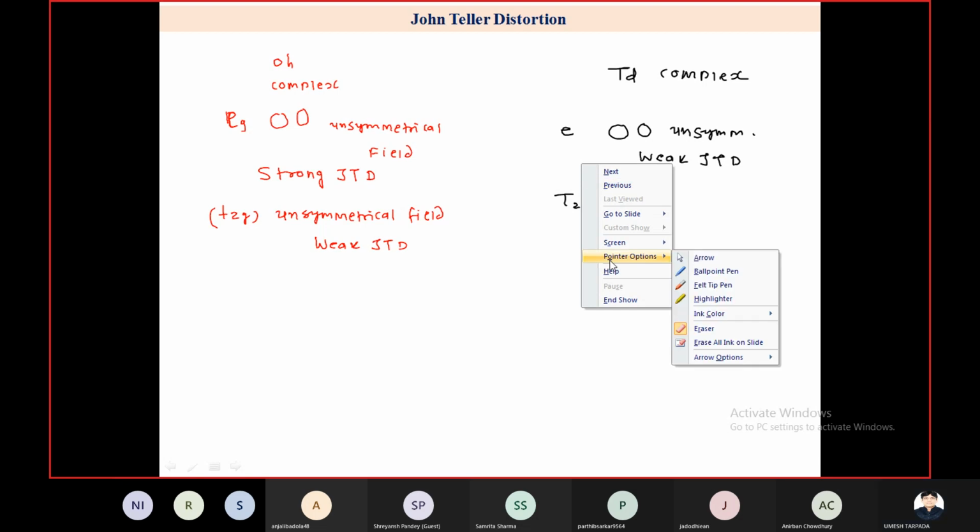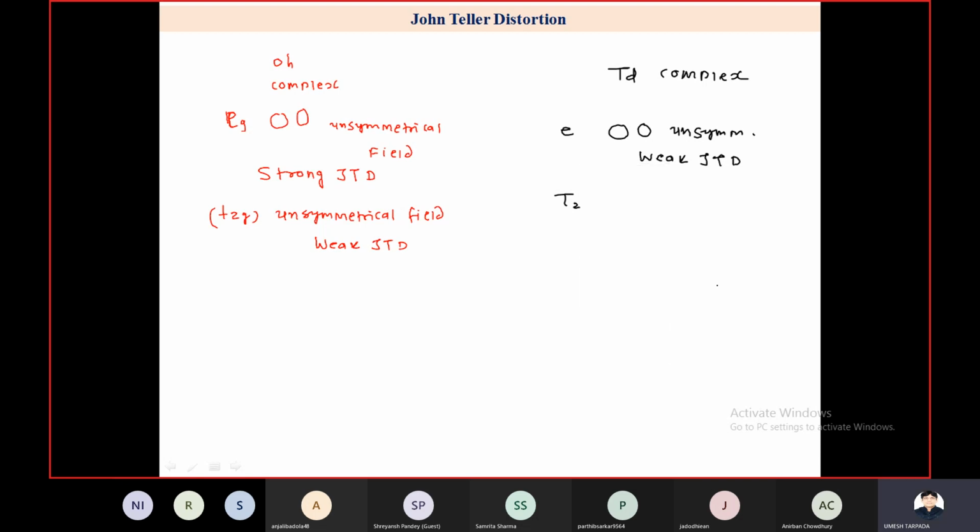So if the t2 orbital is unsymmetrically filled, at that time there is a strong Jahn-Teller distortion. This is the case where you can have a strong Jahn-Teller, and here it is weak.